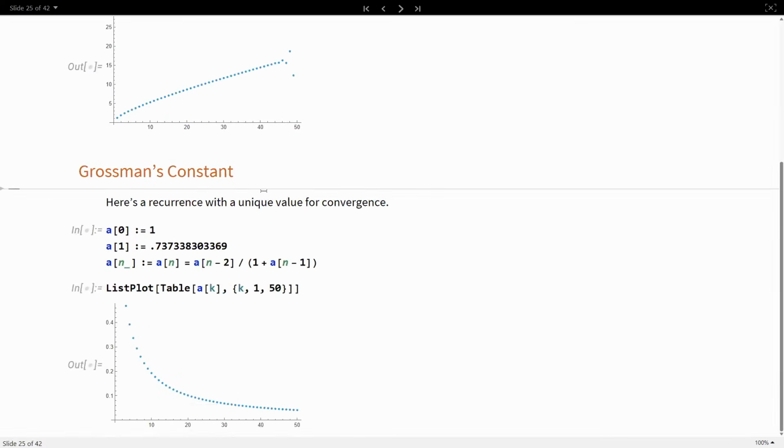The Grossman constant is similar. There's a unique value which converges for this series here.